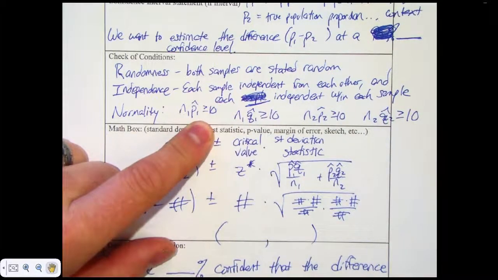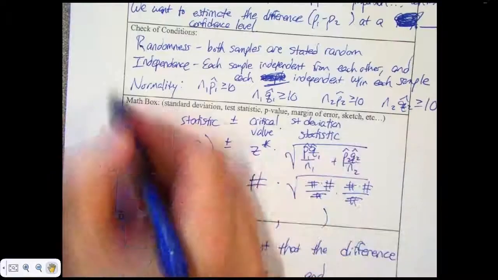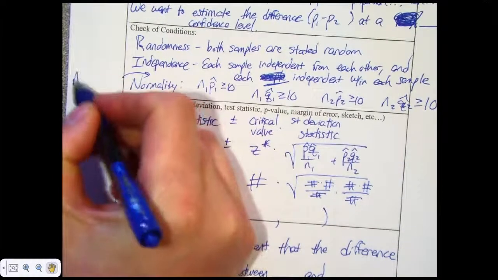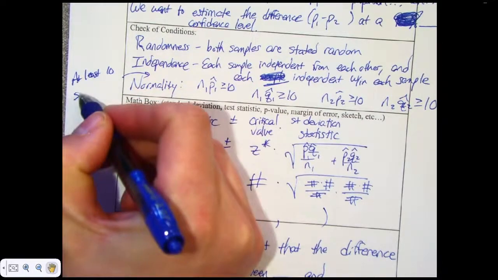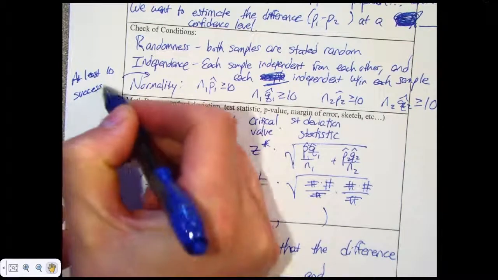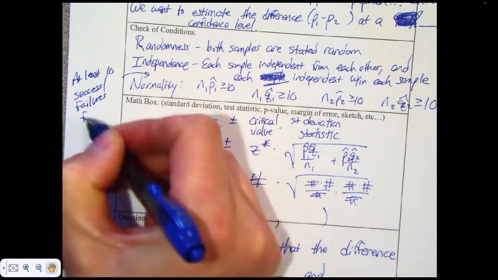We have at least 10 successes and 10 failures. Right? So you can do that too if you want to write that on your template, so you could show at least 10 successes, failures for each.